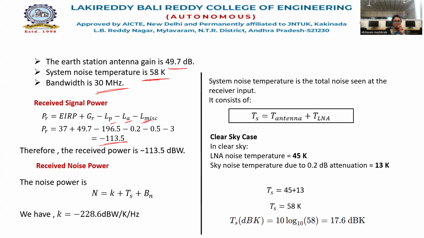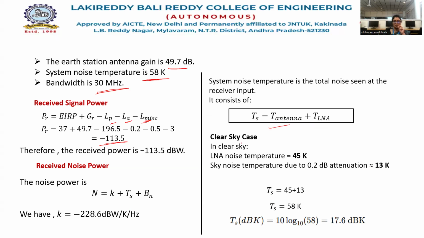To calculate the noise power, we have N is equal to K plus TS plus BN. K we already have. TS is the system noise temperature, that is T antenna plus TLNA. In our previous videos we have also seen this system noise temperature.